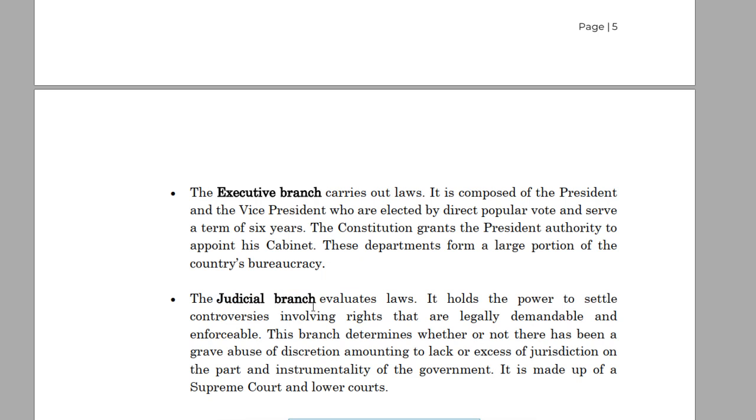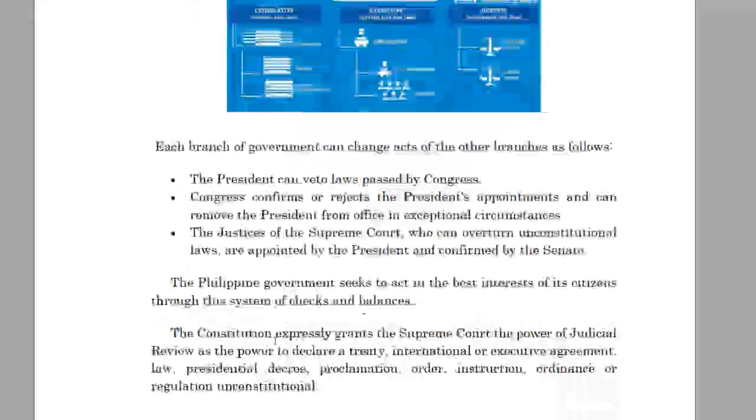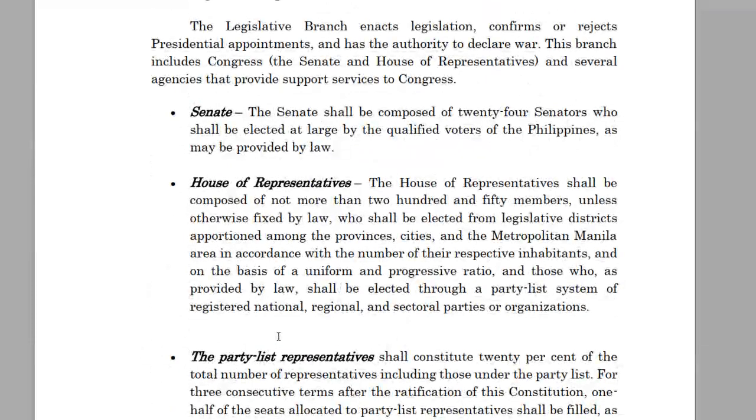So particularly in the judicial branch, it analyzes if the laws being formulated by the legislative and the laws that are being executed and approved in the executive branch are not unconstitutional, of course, na hindi siya in conflict with other general laws and other specific laws. So papasadahan ko na ito, you already know this one.